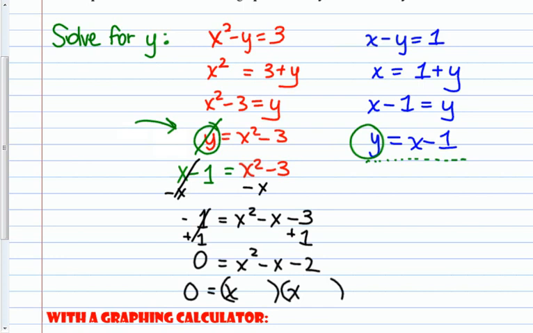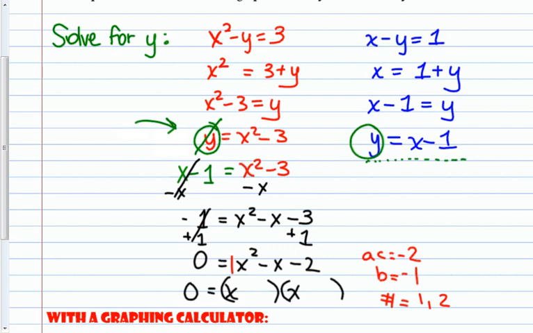I need two numbers that multiply up to, let's see, 1 times negative 2. B is negative 1. So I need two numbers that multiply up to negative 2. So let's see, 1 and 2 multiply up to 2. For it to be negative, one of them has to be negative. And then they have to add up to negative 1.